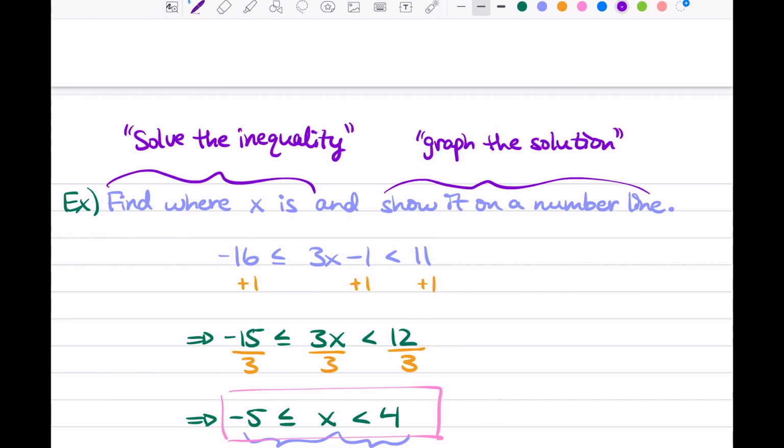Okay, all jokes aside, math folks like to talk like this because it's very precise language. Instead of saying find where x is, they like to say solve the inequality because it's more precise.